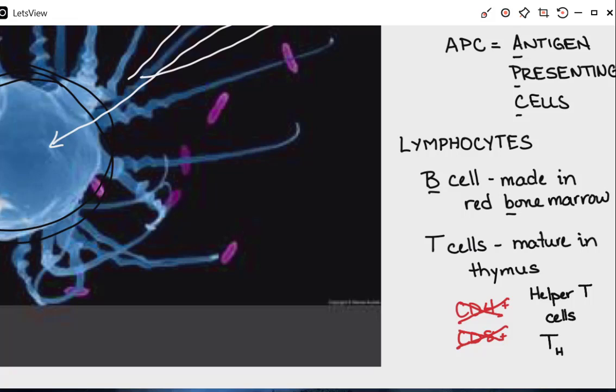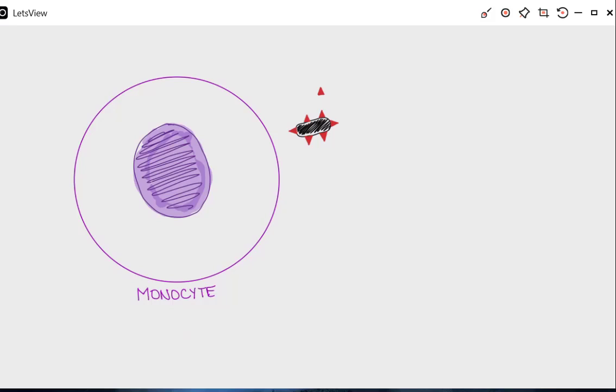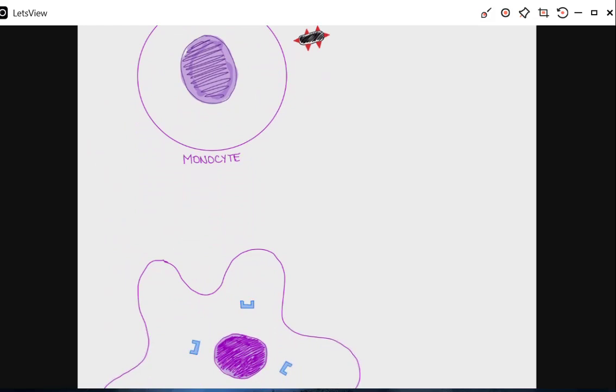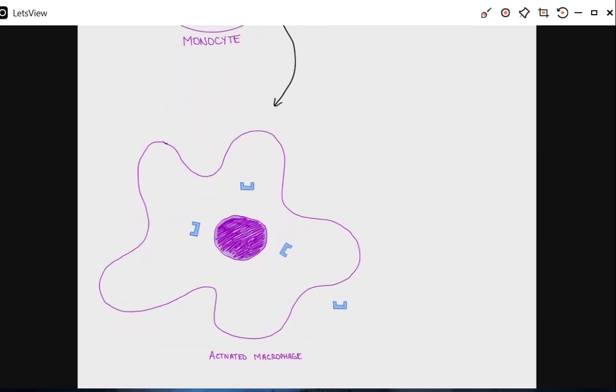Okay, so now that we've introduced some of the players, let's take a look at what happened at the end of inflammation. So at the end of the inflammatory response, a monocyte is compelled to emerge from the blood and through cytokine permission turns into an active phagocyte, and that active phagocyte is known as a macrophage.